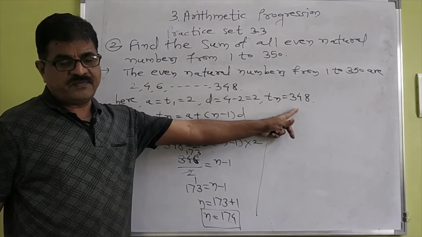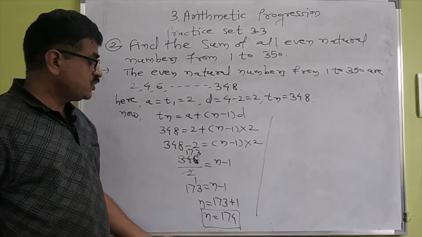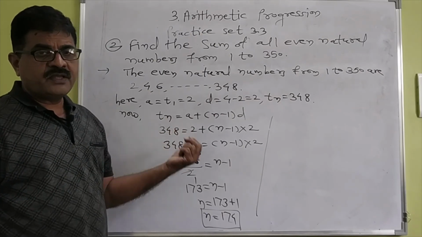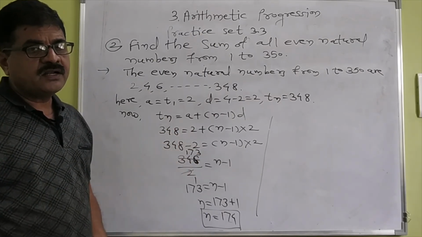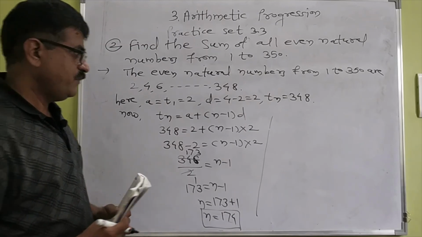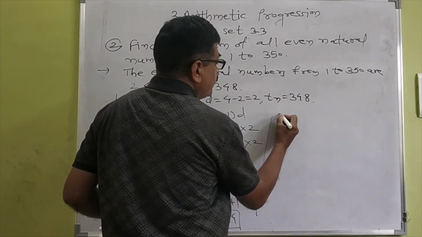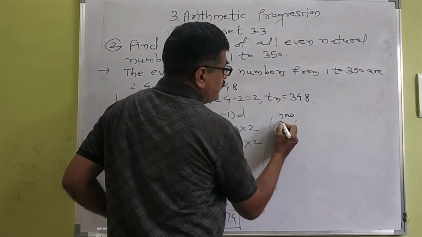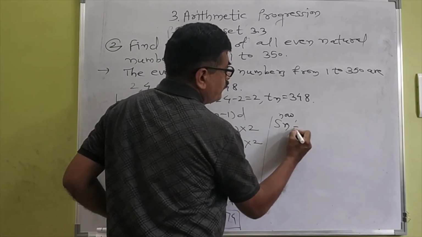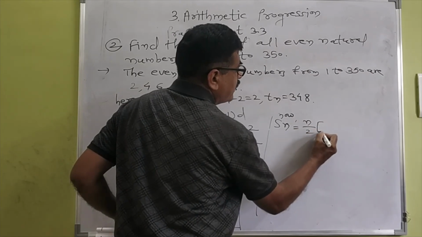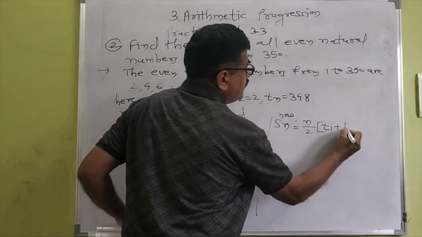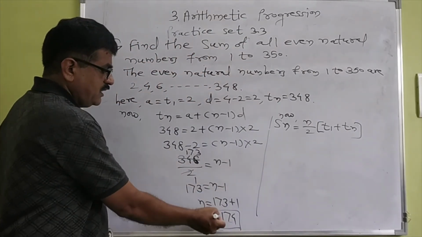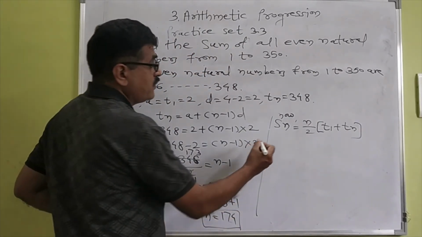Then we can use the formula Sn is equal to n upon 2 into bracket T1 plus Tn. Here the value of n is 174.